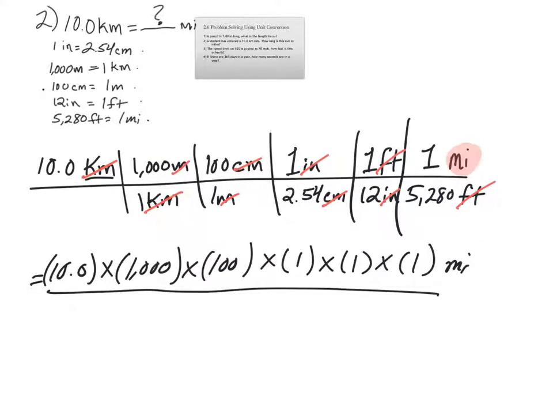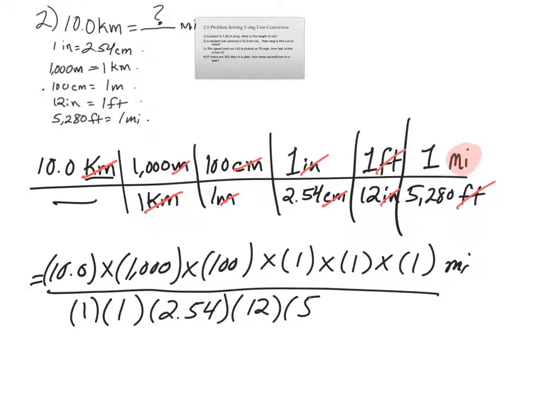All of that divided by, there's nothing from there but 1 from the kilometer, 1 from the meter, 2.54, 12, and 5,280.